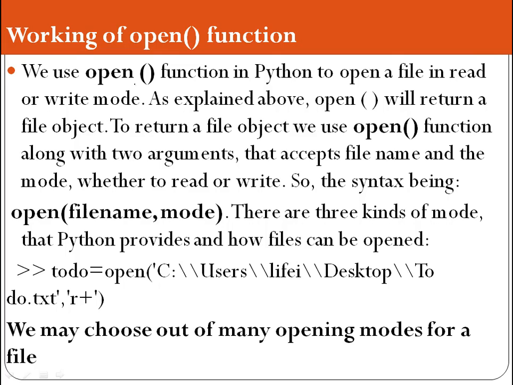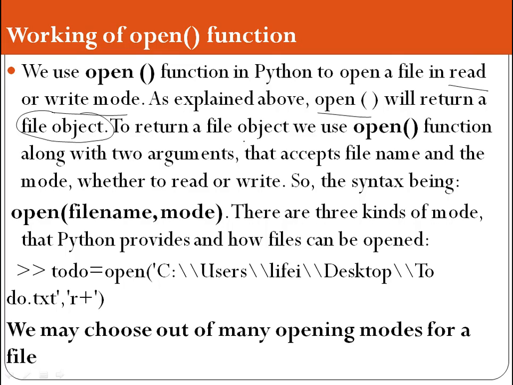We use the open function in Python to open a file in read or write mode. Read means you are just reading the file, write mode means you are writing something into it. As we have seen, open will return a file object.